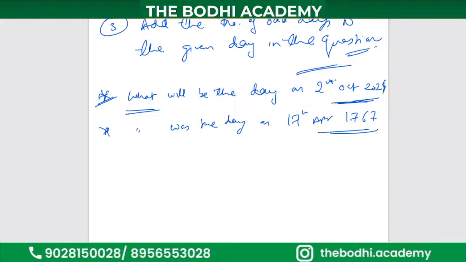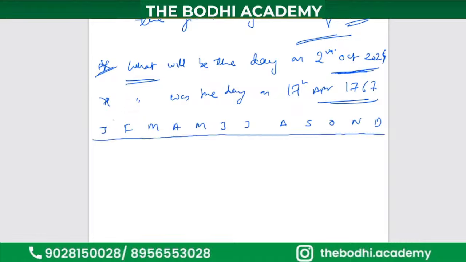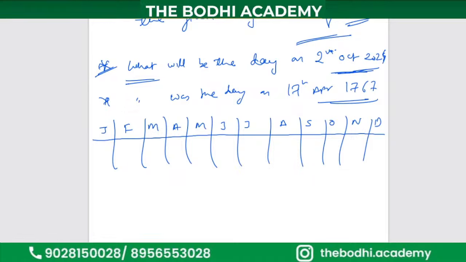For that, you need to know one table. J means January, February, March, April, May, June, July, August, September, October, November, and December. This is the chart which you should have written today, so that when we meet in the next class, you should at least have this chart.